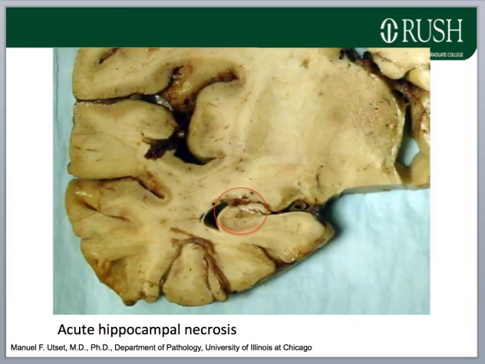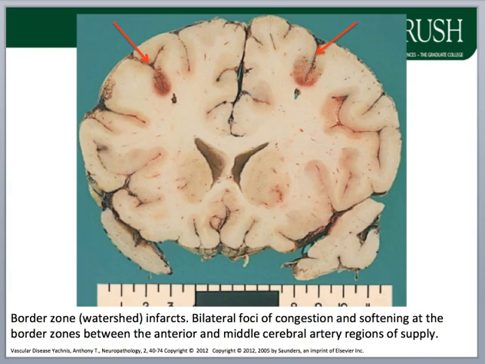Acute hippocampal necrosis can be seen as an early sign of global hypoxia ischemia. Remember, this is one of those zones that are particularly vulnerable to hypoxia. This image shows bilateral foci of watershed infarcts located in the zones between the anterior and middle cerebral artery regions of supply.